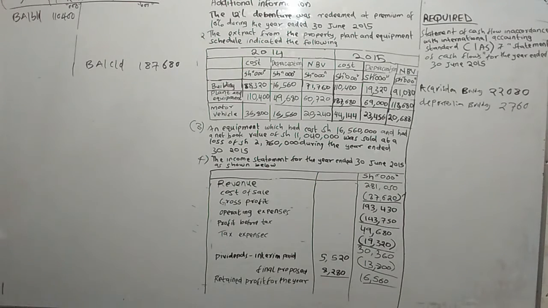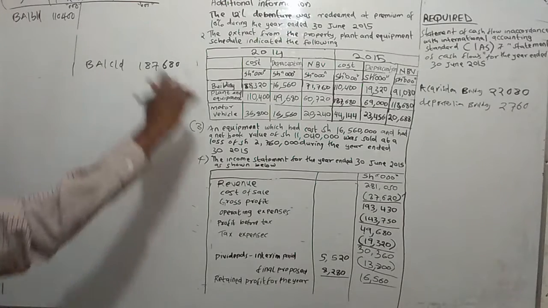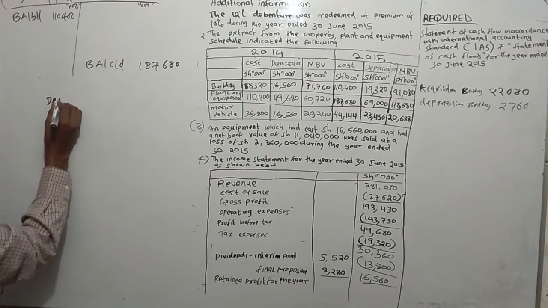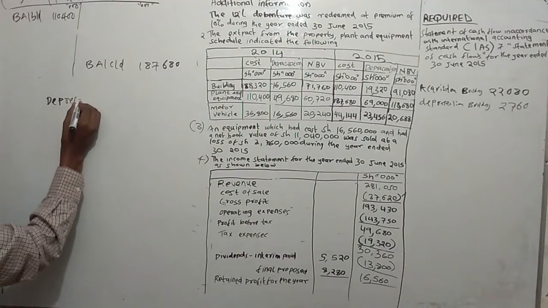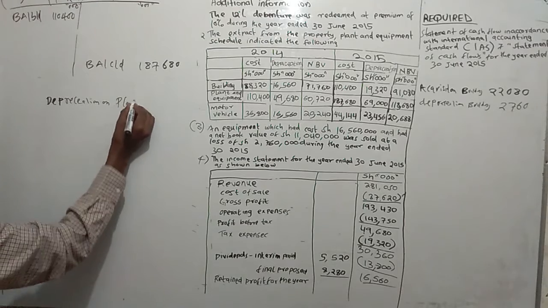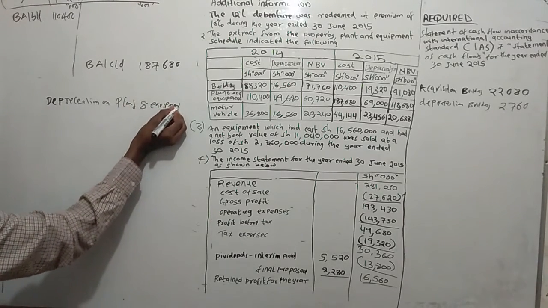We also open for depreciation. Remember, we are not yet done with this. Still, there is an adjustment affecting that. So let's have the depreciation on plant and equipment account.